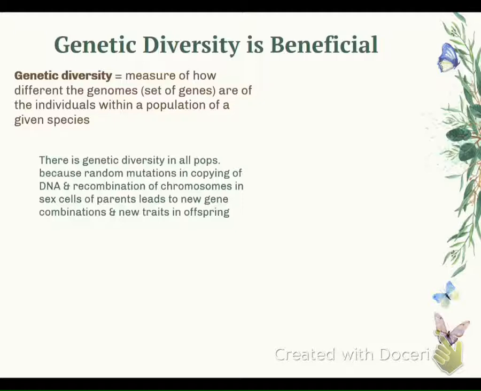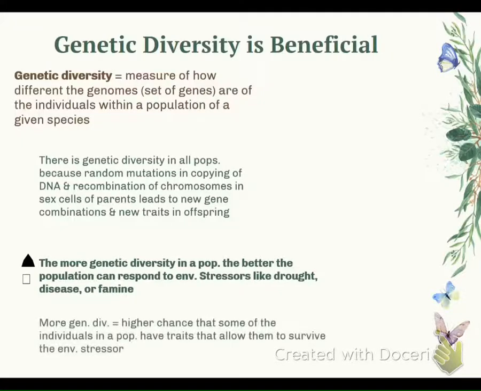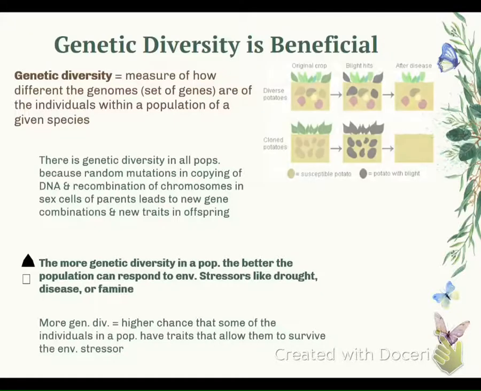The more chromosomes you have, the more variety you're going to have. The better the population can respond to the environment, stressors like drought, disease, and famine are not going to wipe out that species. If there is one of those stressors, the higher the genetic variability, the more likely that some of the group is going to be able to survive.